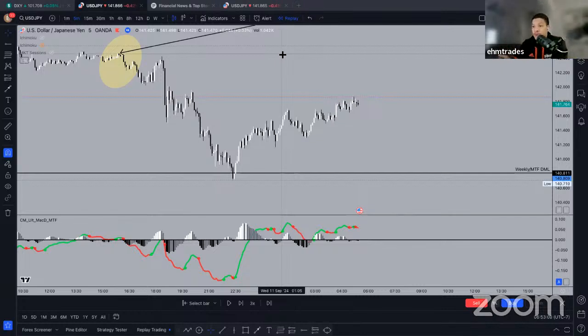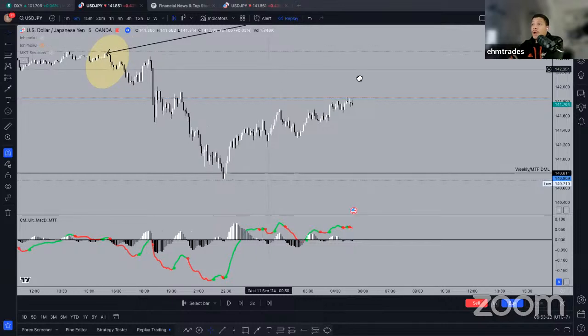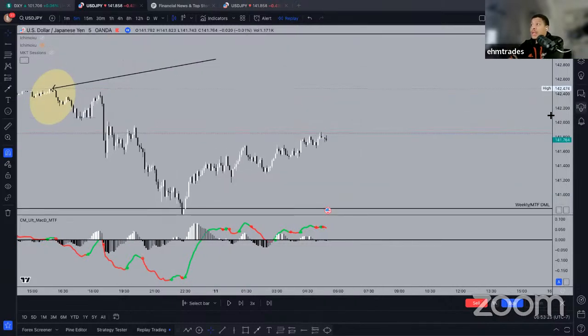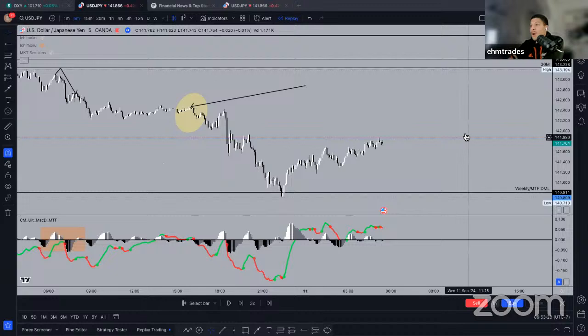This is why, for me personally, this is an area I had to grow. Even when I get on the market, I need to take quality time to just gauge the potential areas that price could travel. Because right at this point, the only decision making zone I had marked was this 30-minute one, right?